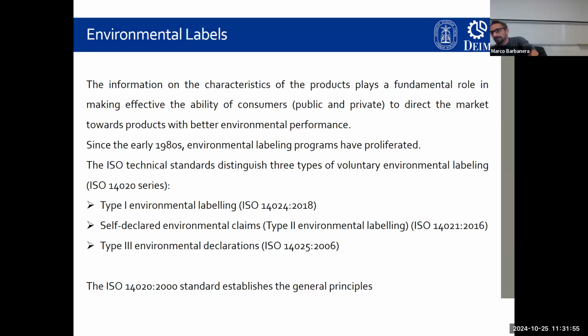Only the last one, only the type 3 environmental label, is associated with an LCA study. The first two labels don't require an LCA study. So for us, the type 3 is obviously the most important environmental label.